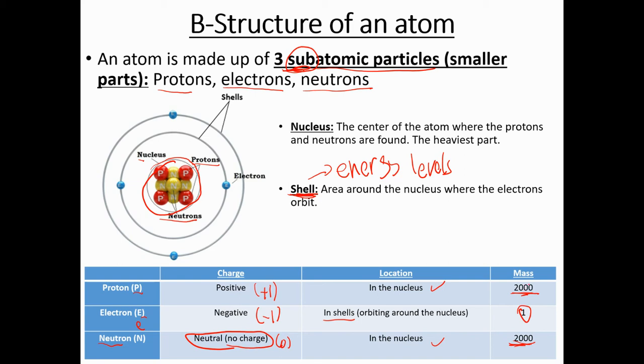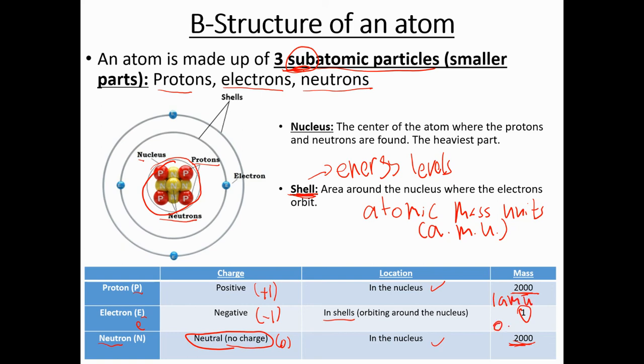I could have also written this down in terms of atomic mass units, right? I wouldn't put grams because these are very small. So atomic mass units, we sometimes call that AMU. If I did that, essentially the neutron would be 1 atomic mass unit.